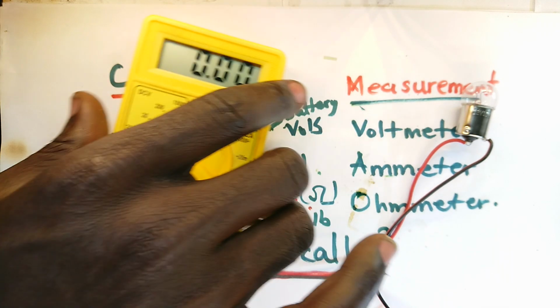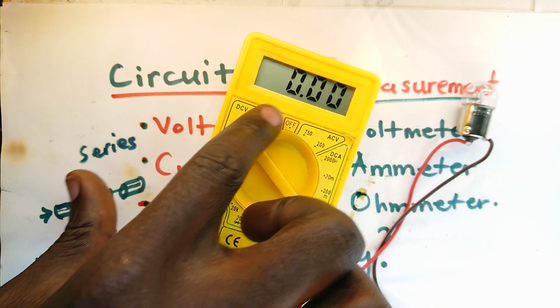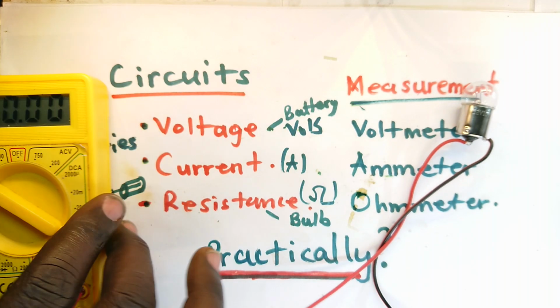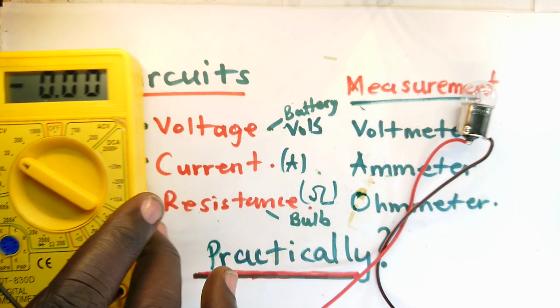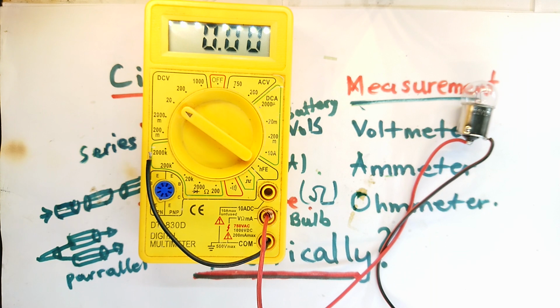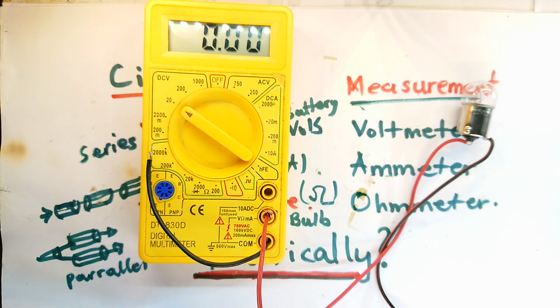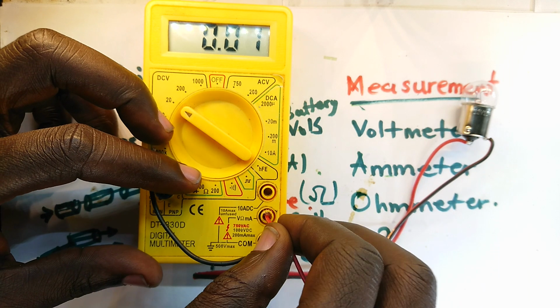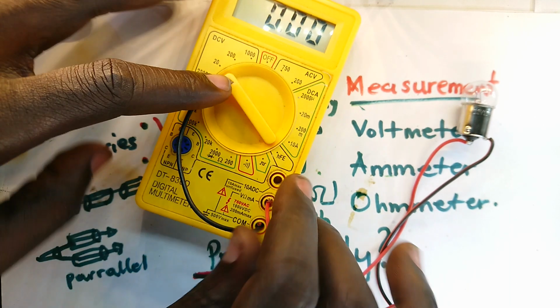Now we've shown you how to measure voltage using a voltmeter, and then we've shown you how to measure resistance using an ohmmeter. Now we are going to show you how to measure current with an ammeter. And unlike voltage and resistance, when you're measuring current, since we are looking at electrons flowing through the circuit, it has to be connected in series.